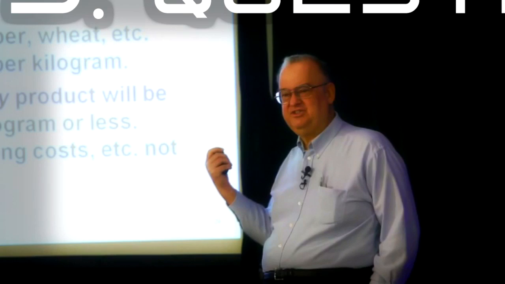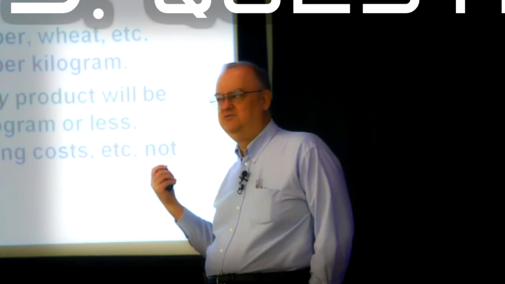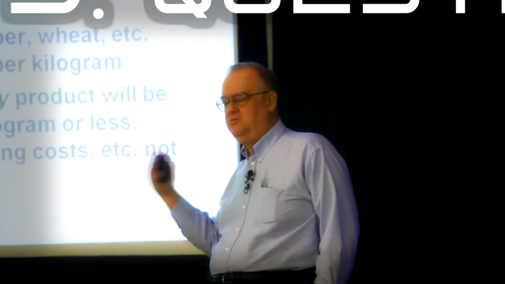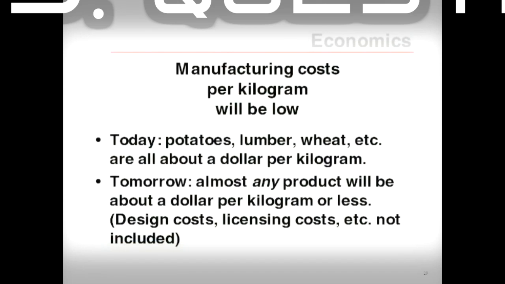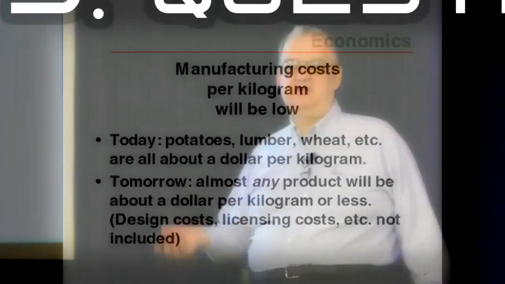The other implication of this self-replication, convergent assembly, marvelous architectures is that the manufacturing costs are going to go through the floor. Right now we have examples of self-replicating manufacturing systems. They're called agricultural products. Lumber, hay, potatoes. They're cheap.